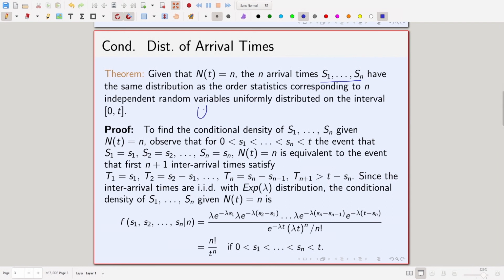So you take n independent uniform 0 to t random variables, say U1, U2, up to Un, where each Ui has uniform 0 to t distribution.